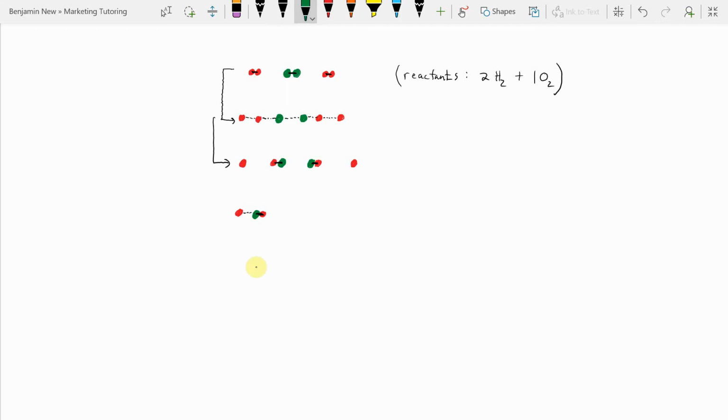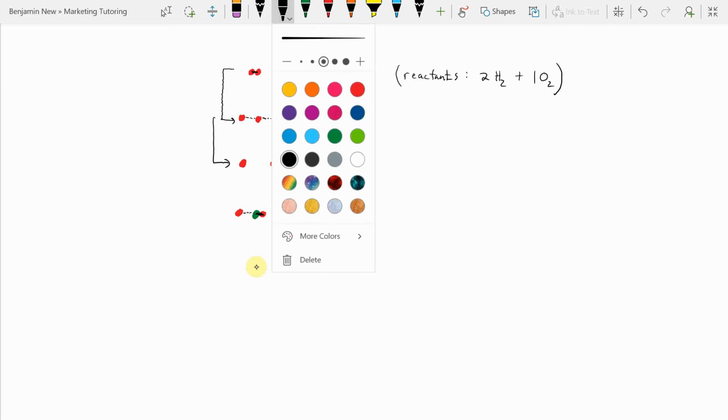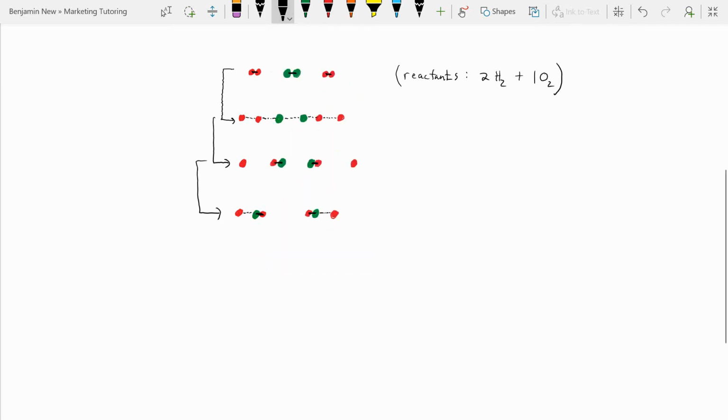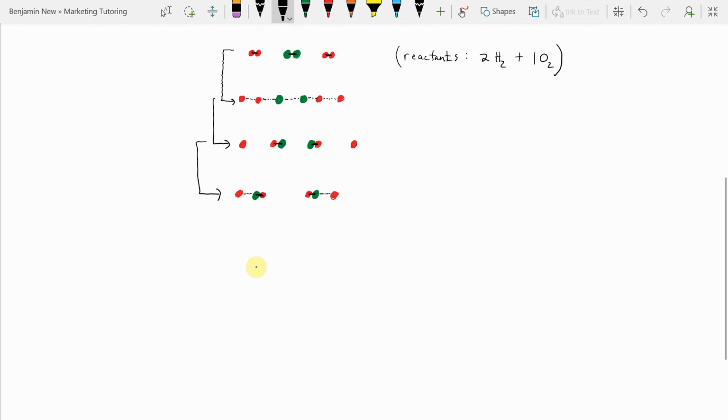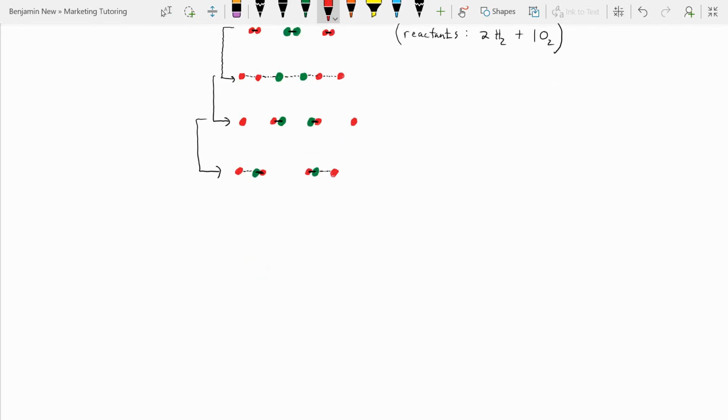Similarly over here, you have your oxygen atom bonded already to your hydrogen atom from the row above, and then the separated hydrogen atom will start coming closer and bonding with that oxygen. We have one more step to go, which is just to show that this forms a full bond with the oxygen, and you have an H2O, and this forms a full bond with that oxygen, and that forms an H2O. So let's draw the final step here.